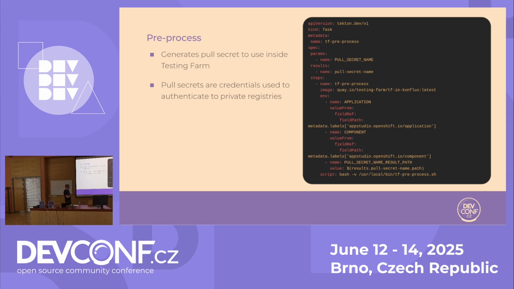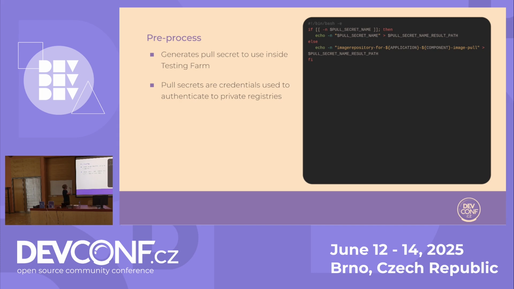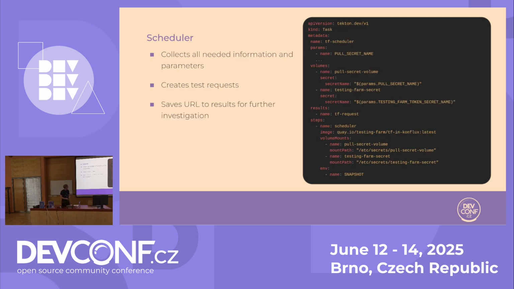As you can see in the manifest, it exposes a pull secret name result parameter, which is then stored in the pull secret name result. It will be useful later. This is the script of this task, pretty straightforward. It generates this name unless the user specified something else.